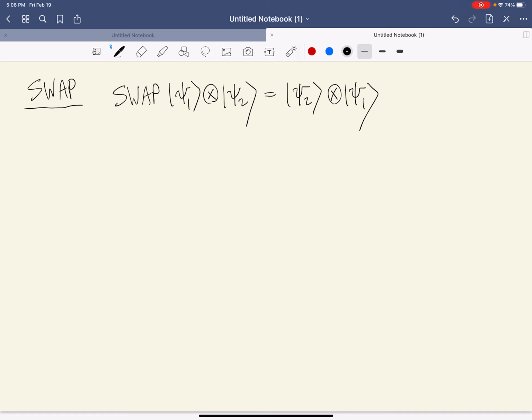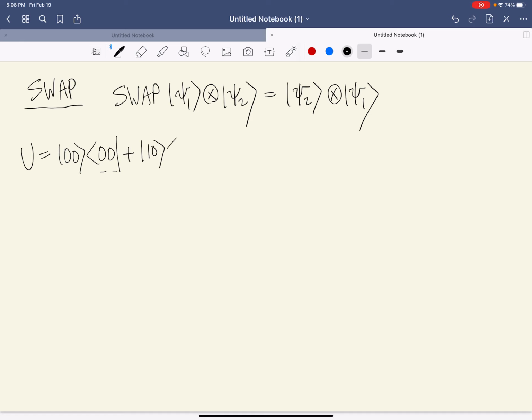Okay, now there must be some sort of matrix representation of this swap operation. And to figure it out, first it's useful to write down this operator explicitly in this basis. So the swap operation acting on |0,0> will just give back |0,0>.